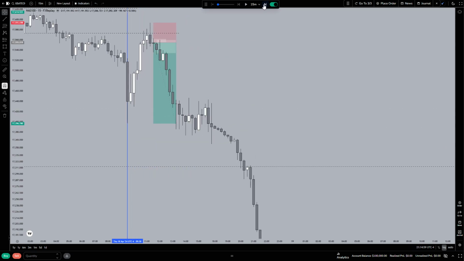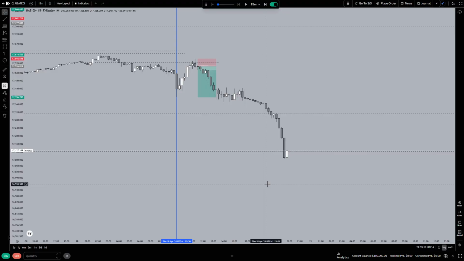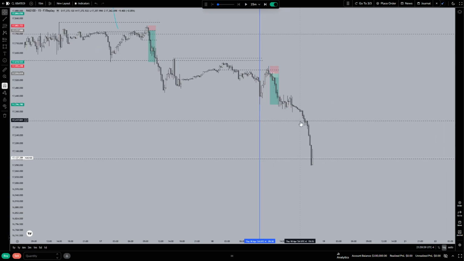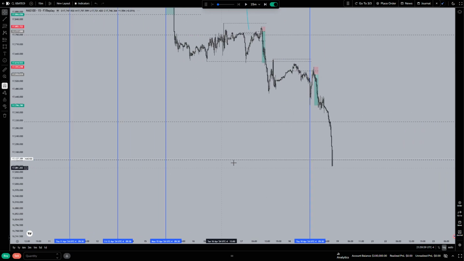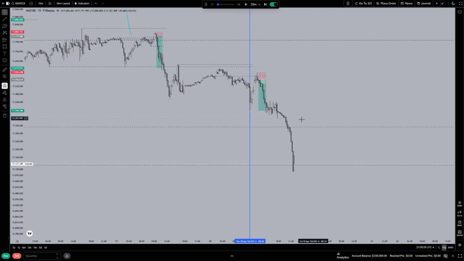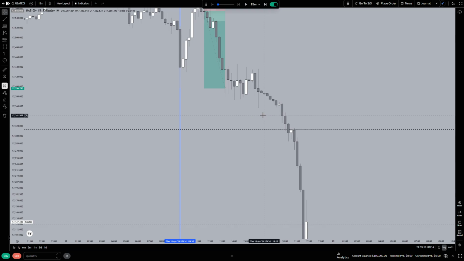Moving on to Friday took the low, but actually, whoa. Thursday just took both of them. So I guess we could have targeted both of them. Damn. And that's our draws on liquidity hit, boys. Not much else really needed to say.